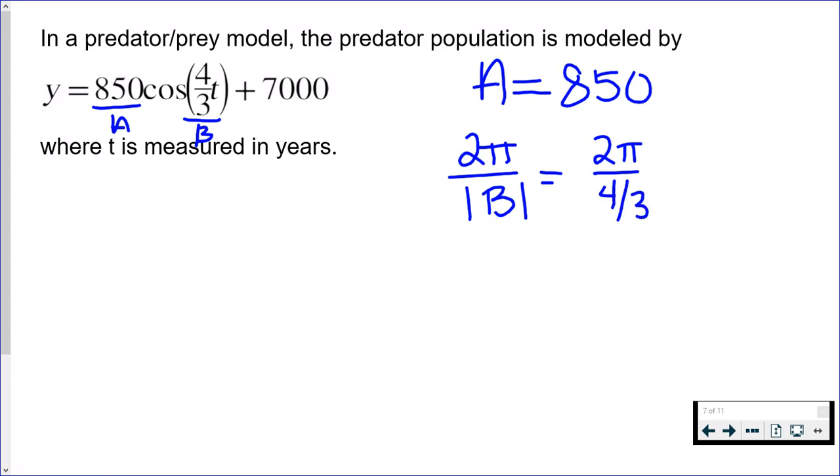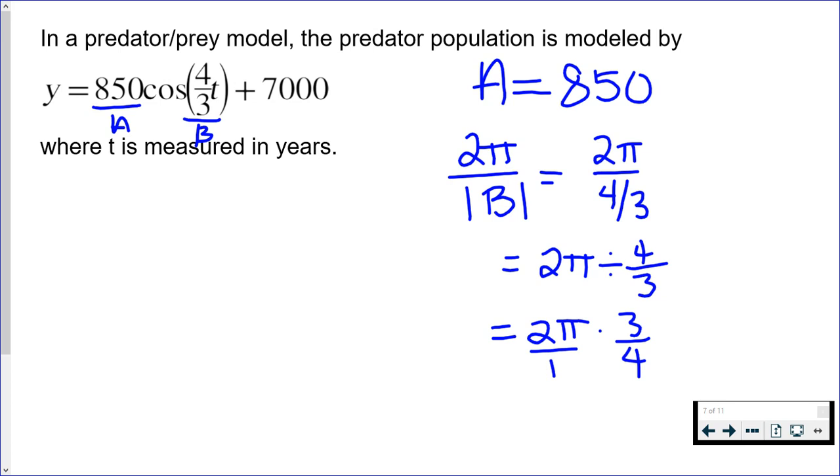Now, in order to simplify this, we're going to keep, change, flip. I keep 2 pi, change division to multiplication, flip the fraction into 3/4, multiply straight across, and simplify.